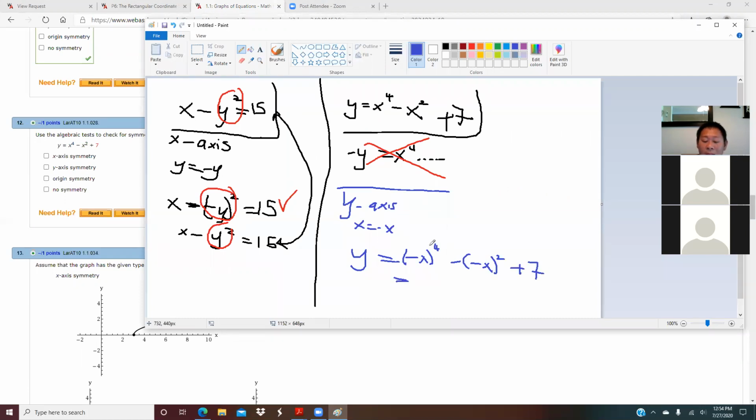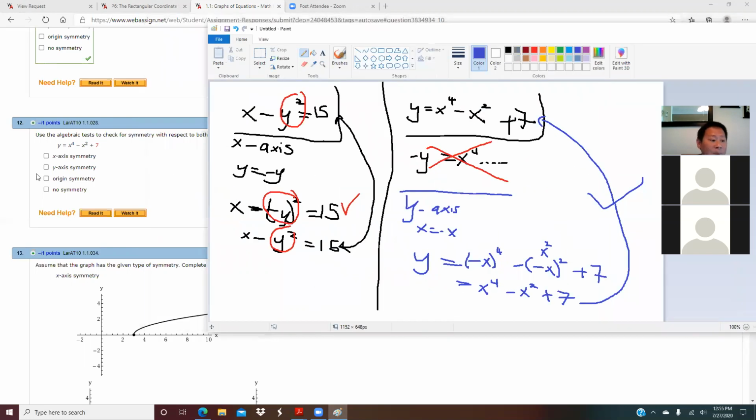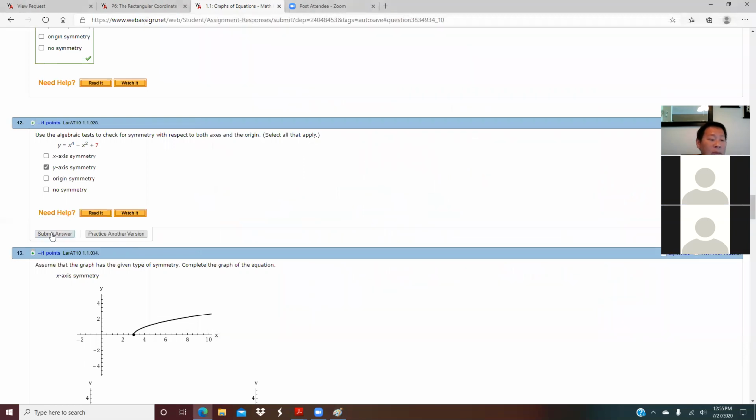Anything to the power of 4, if you have a negative, will turn out to be positive. Same thing with power 2, anything negative will turn out to be positive, but then you have a negative in front. So this is actually x squared positive, but when you multiply with negative, you get negative, plus 7. And now you compare this with your original question, they are exactly the same. So if they are exactly the same, then this is y-axis symmetry in this case.